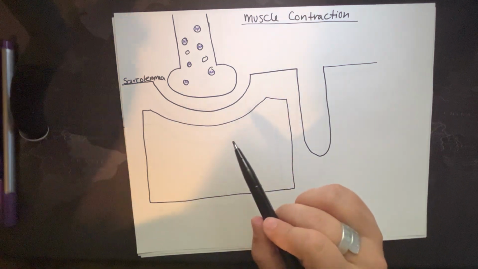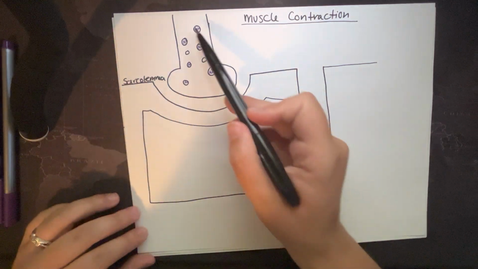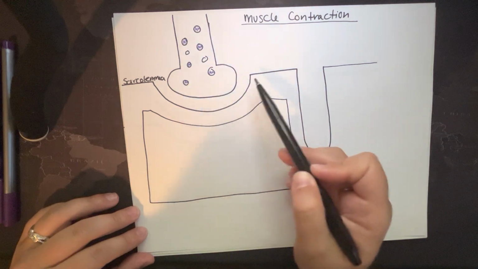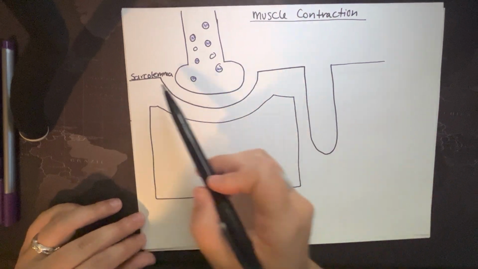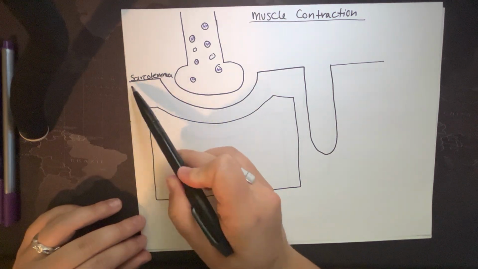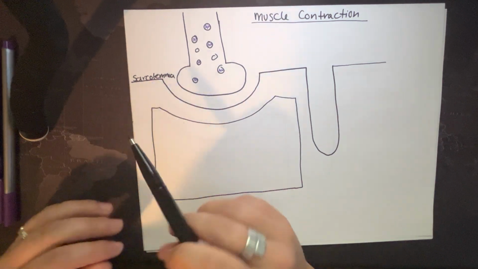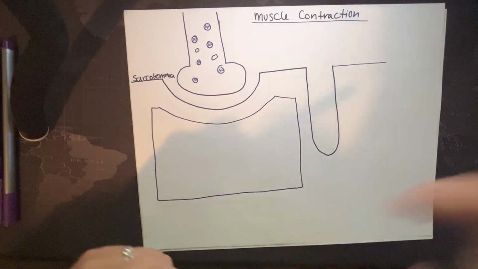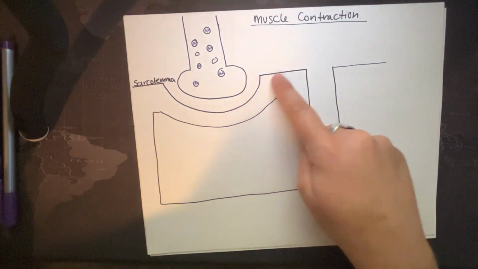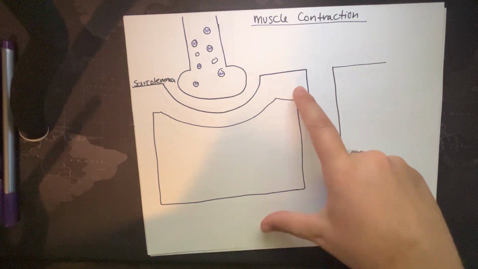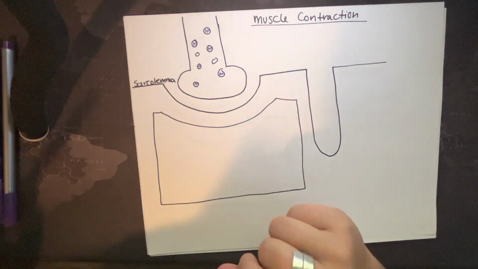So it is able to receive electrical stimulation from our nervous system and send that as a signal across its cell membrane. So that's why it has a special name, sarcolemma, whatever you prefer to call it. So our sarcolemma is our cell membrane of our muscle tissue, our muscle fiber.